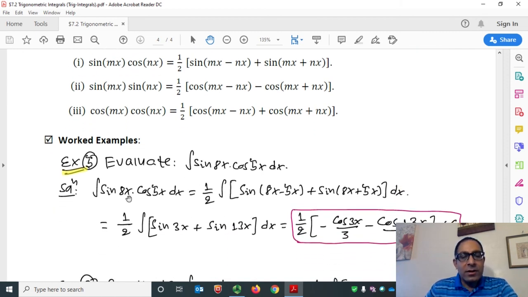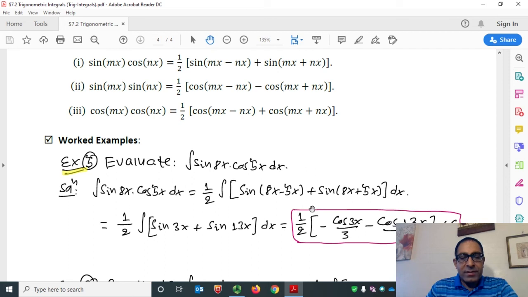So the integral of sine 8x times cosine 5x equals 1/2 from the formula, the integral of sine(mx minus nx). M is 8, n is 5, so 8x minus 5x, plus, as it is, sine(mx plus nx), so 8x plus 5x. I hope this makes sense to you all here.